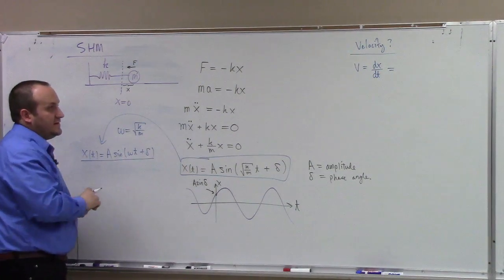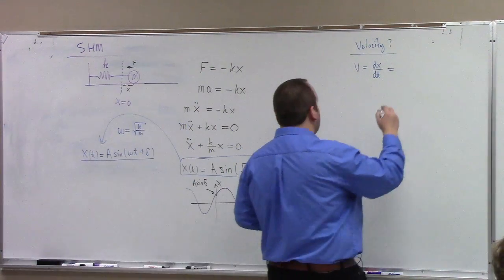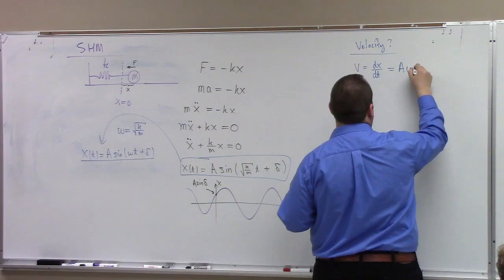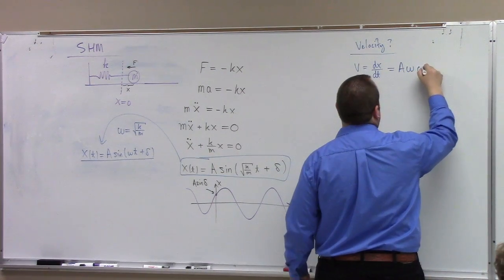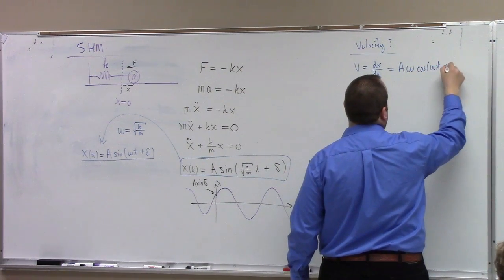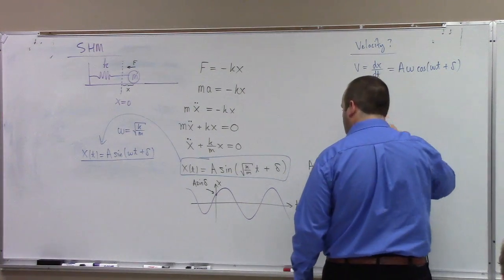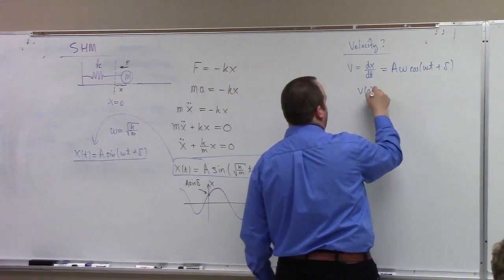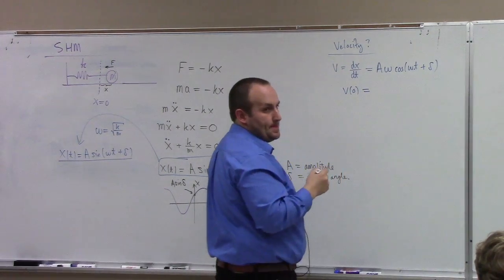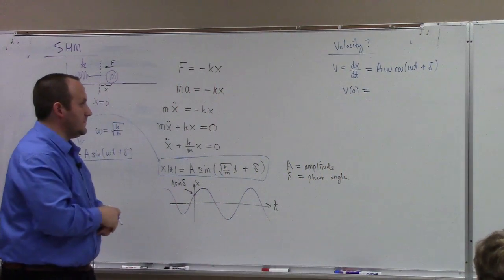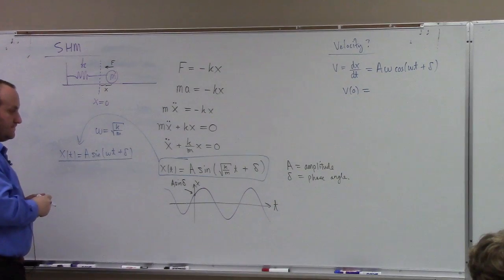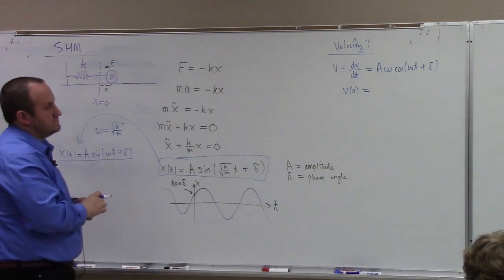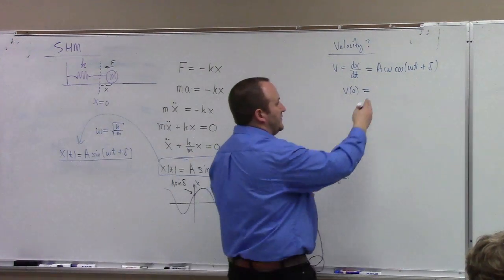But let me just finish this current thought about the velocity. So velocity dx/dt is what? A omega cosine of omega t plus delta. So what's the velocity at time 0? Put t equal to 0 here. What do you get?